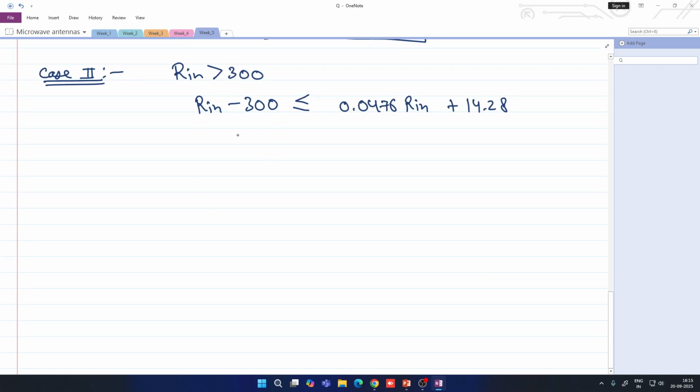Rearranging, 0.9524 times R in should be less than or equal to 314.28. So in this case, R in should be less than or equal to 330.2 ohms.